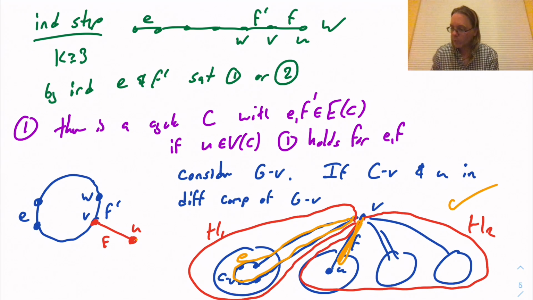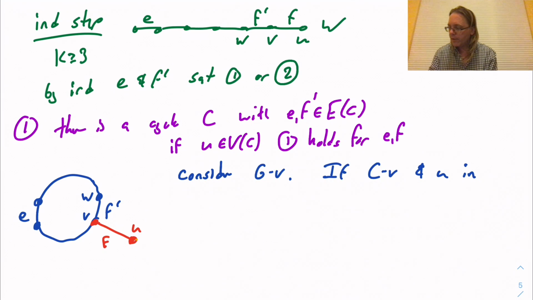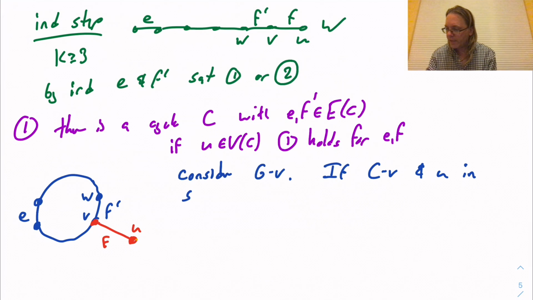Okay, so we've done one of the 2 cases. If C delete V and U are in different components, then we win. The other possibility is C delete V and U are in the same component. And in that case, what does that mean? That means that you can choose a path.